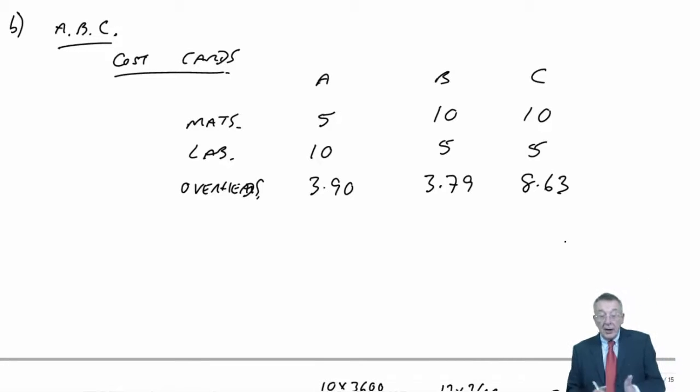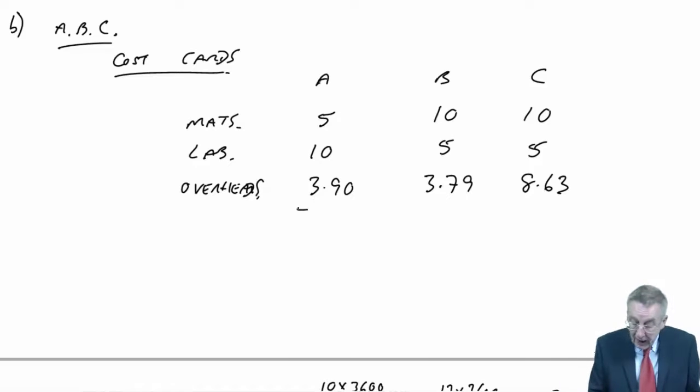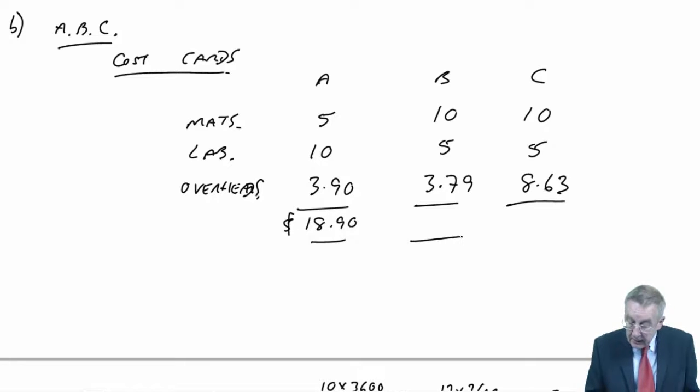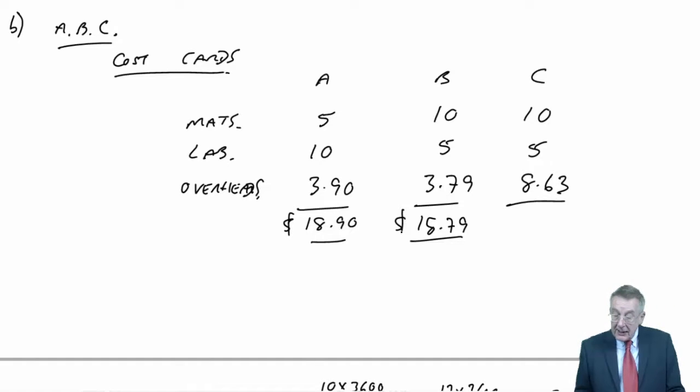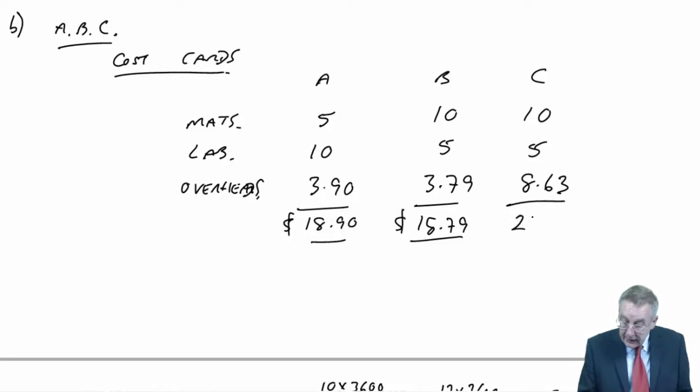And so on this approach, the overhead split that way, and the full cost per unit, A is 1890, B is 1879, C is 2363.